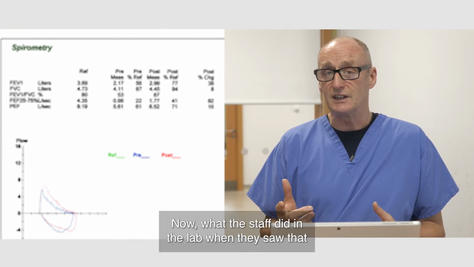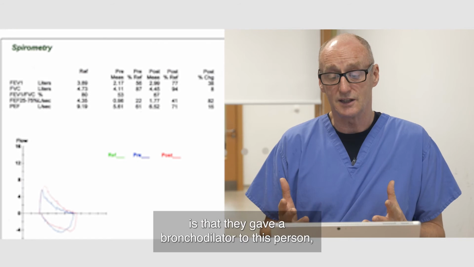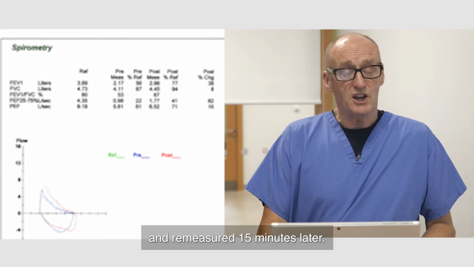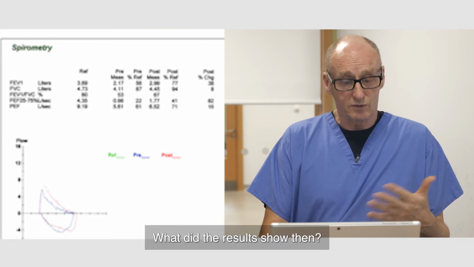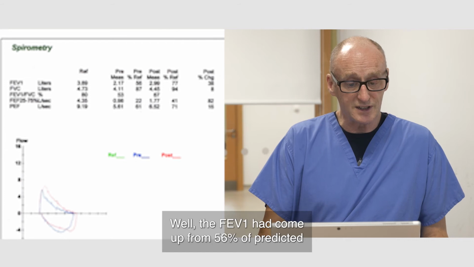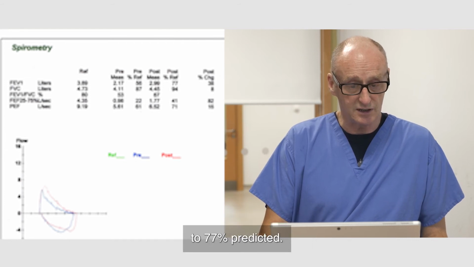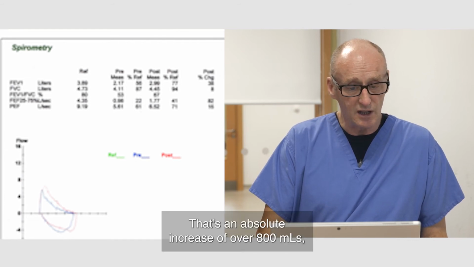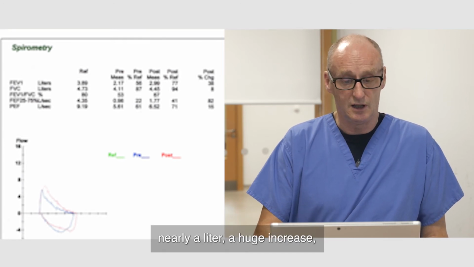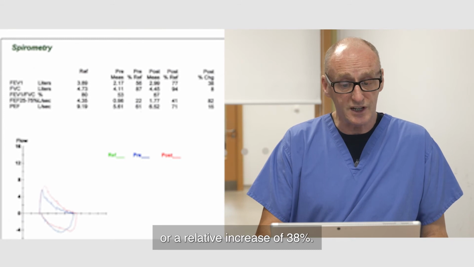Now what the staff did in the lab when they saw that is that they gave a bronchodilator to this person and remeasured 15 minutes later. What did the results show then? Well, the FEV1 had come up from 56% of predicted to 77% predicted. That's an absolute increase of over 800 mils, nearly a litre, a huge increase, or a relative increase of 38%.